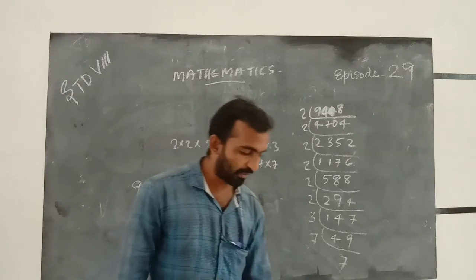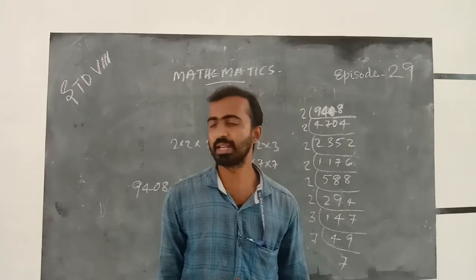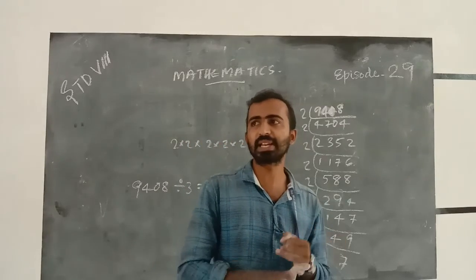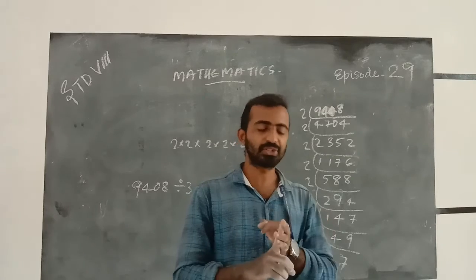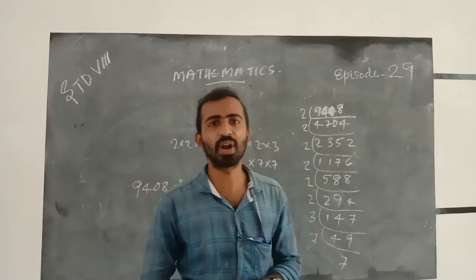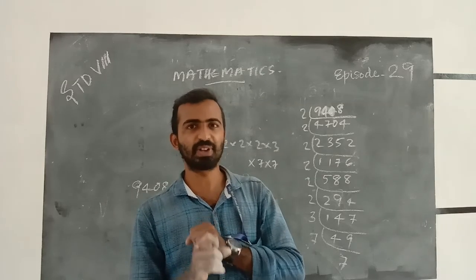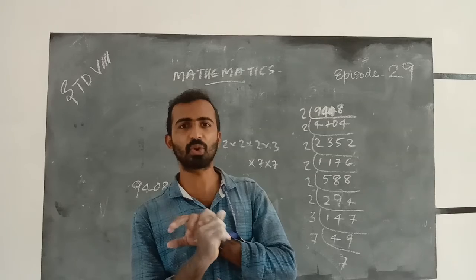And this is the method of finding the square root of numbers. Today we studied checking whether a number is a perfect square. First we studied taking squares. Today we studied taking square roots.